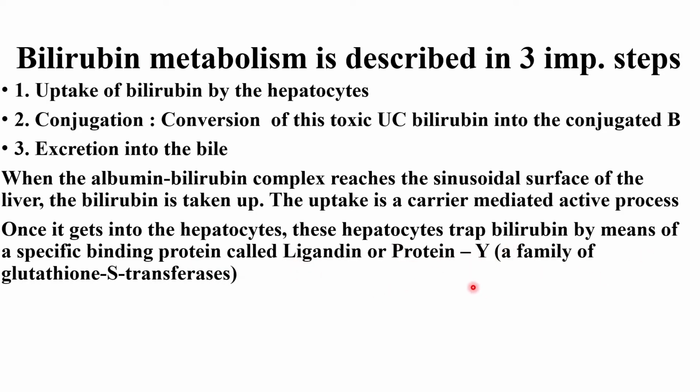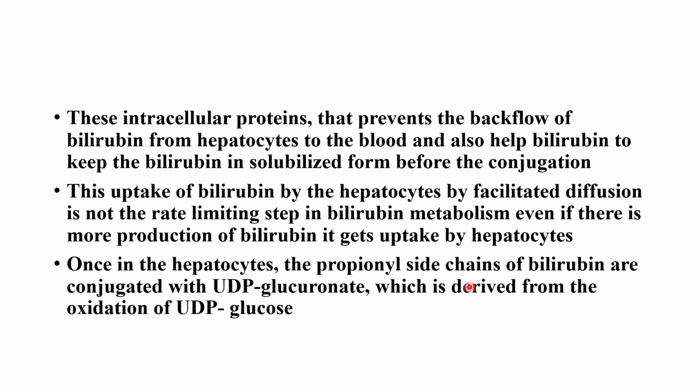This is a family of glutathione S transferases. These intracellular proteins prevent the backflow of bilirubin from the hepatocytes to the blood and also help to keep the bilirubin in the solubilized form before the conjugation.